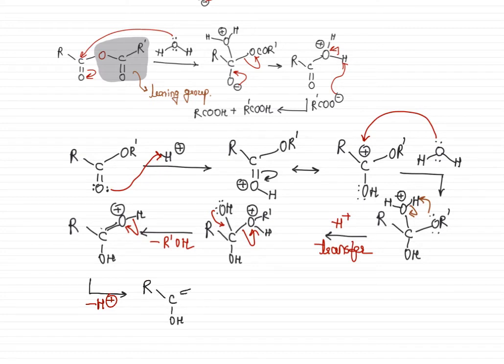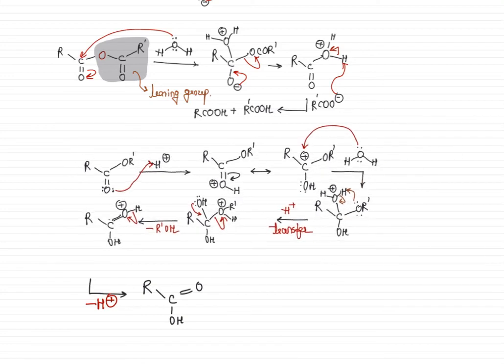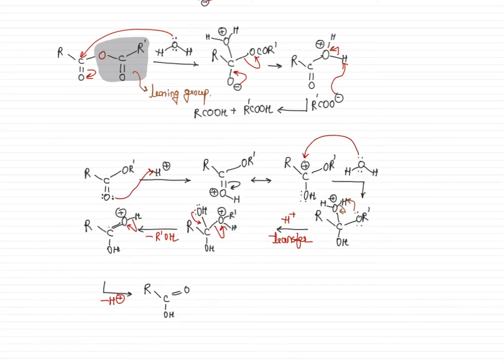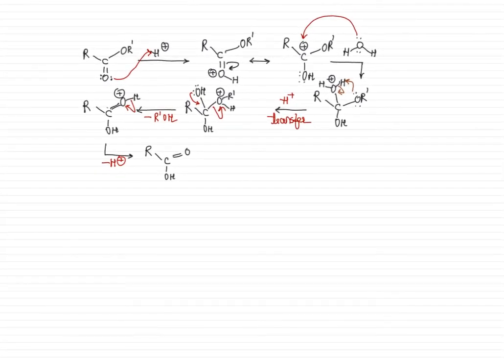This is your carboxylic acid, right? So I think this was pretty okay, or else let me put this all together. Yeah. So this was ester undergoing hydrolysis under acidic conditions.